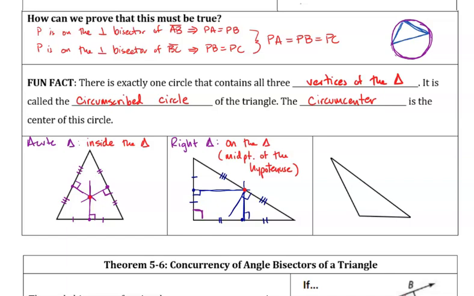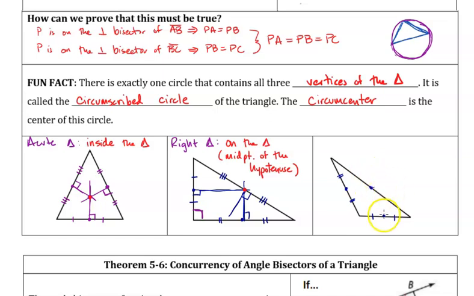Now in an obtuse triangle, let's look at where our circumcenter might end up. Again, I'm going to eyeball the midpoints of the sides. Looks to me like about there, and then this one looks like about right there, and then maybe about right there.